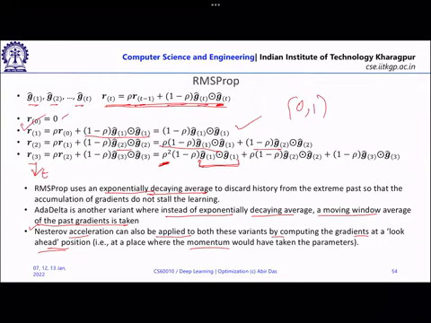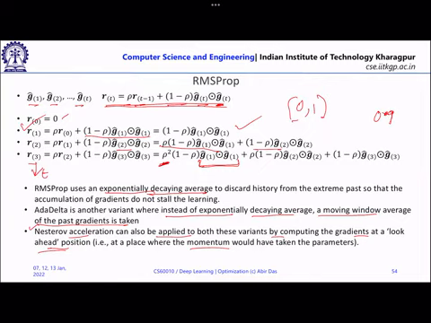So you see that this rho value is between 0 and 1. Now, suppose the rho value is taken as high, say 0.9; you can take any value between 0 and 1.